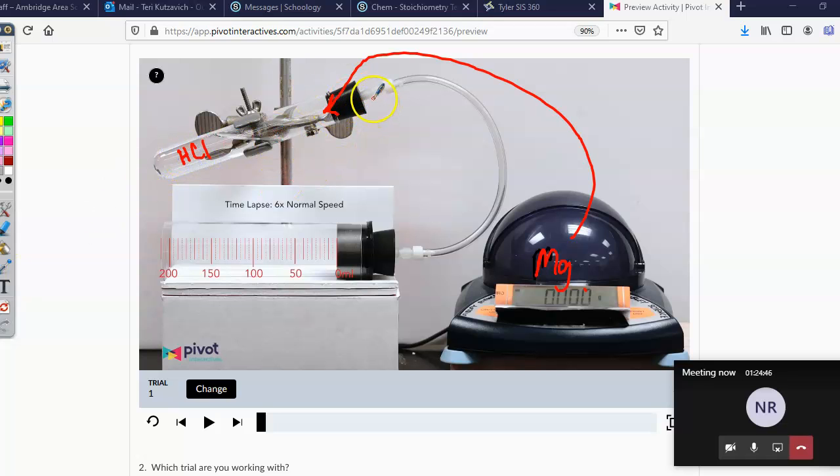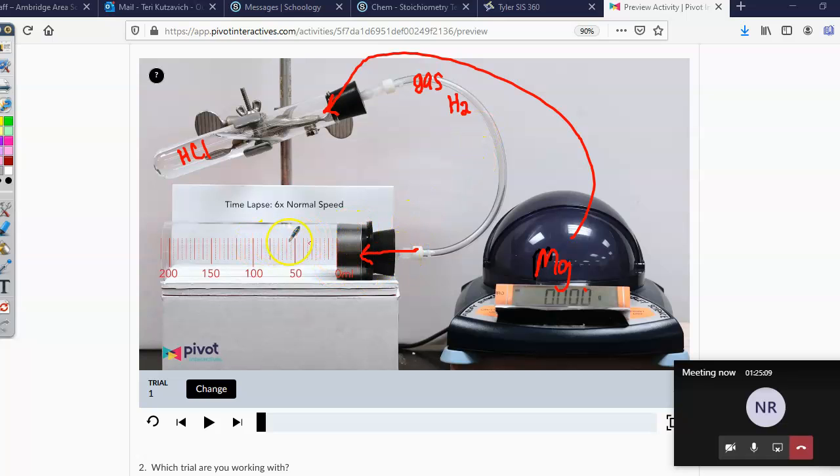A reaction will start taking place. You'll start seeing bubbles. The bubbles that form are a gas. That gas will then exit and go down here and start filling this test tube. If you look at the balanced chemical equation, that gas is going to be hydrogen gas.